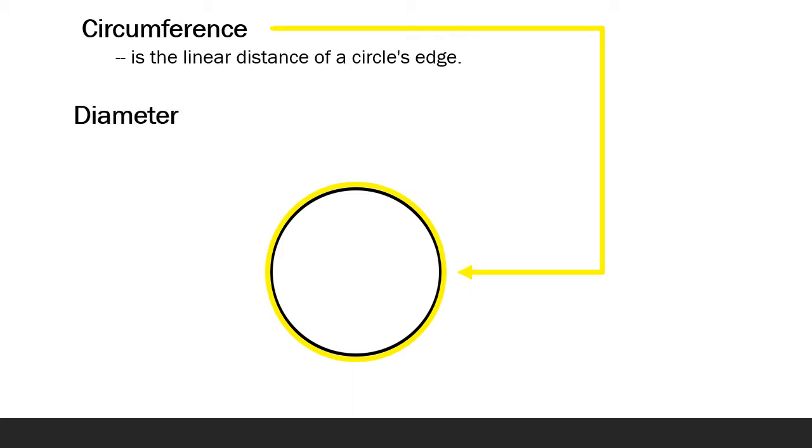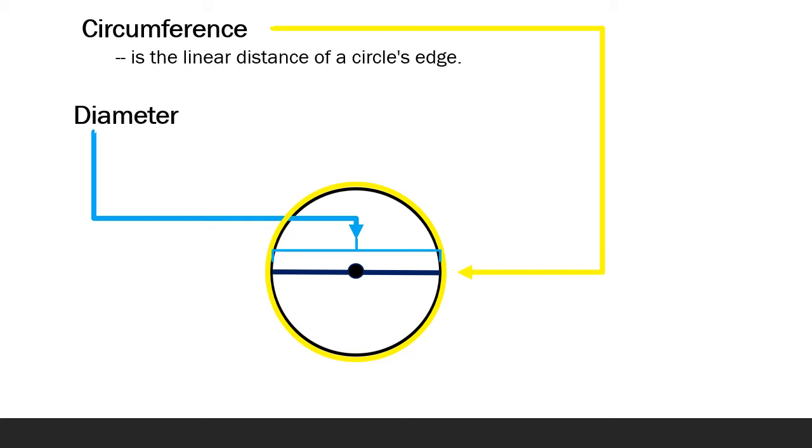Next, we have what we call the diameter. The diameter is when you cut the circle in half. A perfect cut in half. It is defined as a chord that passes through the center of the circle. So any chord that passes through the center of the circle is called a diameter.